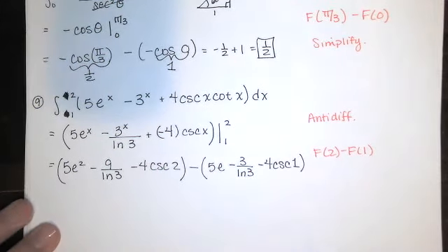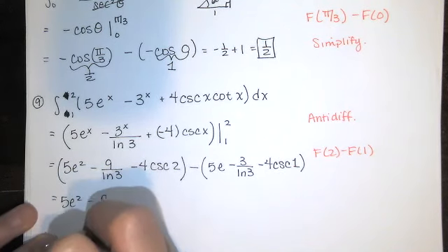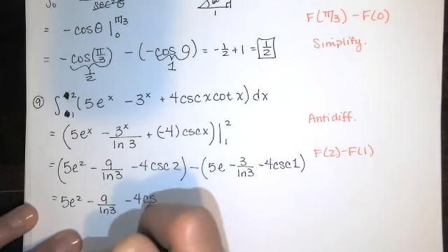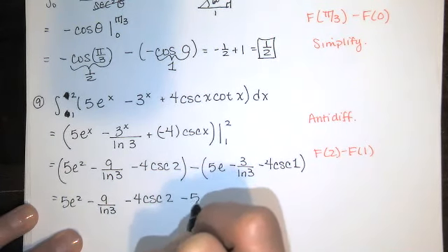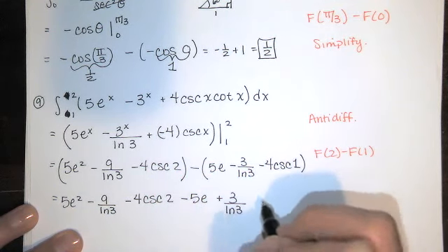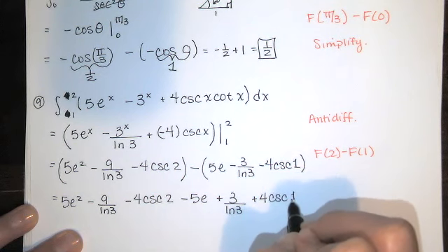That's our answer. Maybe we should try to simplify it. Got 5e squared minus 9 over natural log of 3, minus 4 cosecant of 2, minus 5e plus 3 over natural log of 3, minus a minus is going to be plus 4 cosecant of 1.